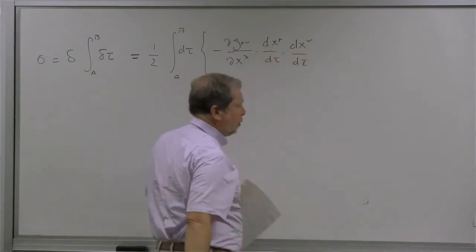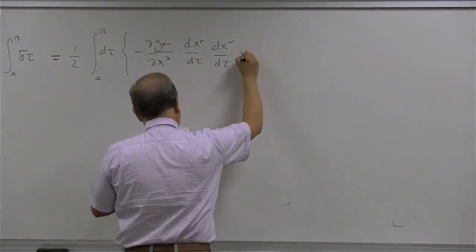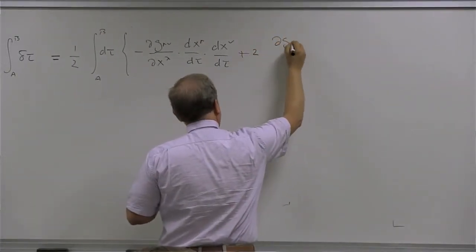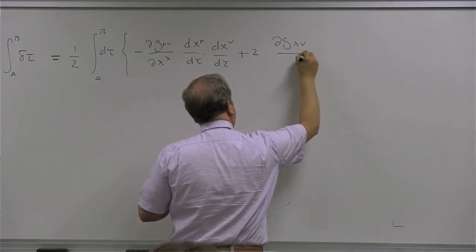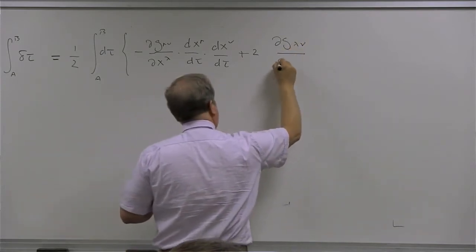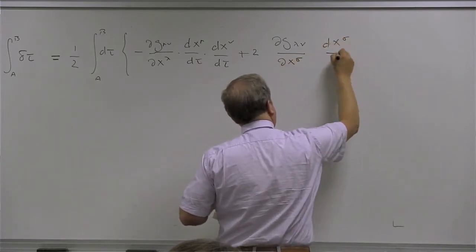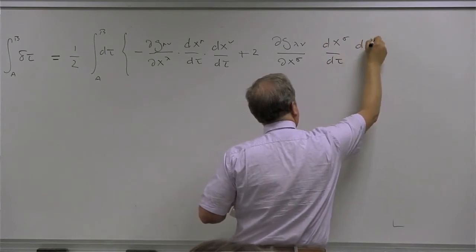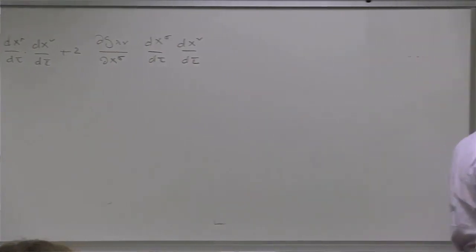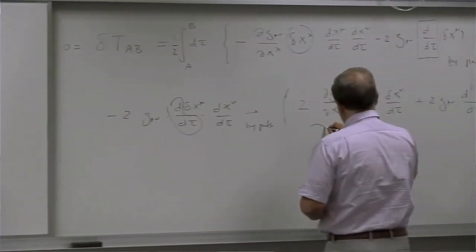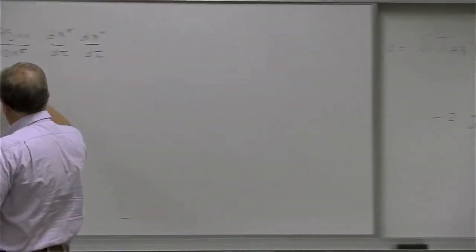So that's the first one. And then it has the remaining two terms, so plus 2 times the derivative with the indices we have there, gamma lambda nu, derivative with respect to x sigma, and then times dx sigma by d tau and dx nu by d tau. So that's this term right here.